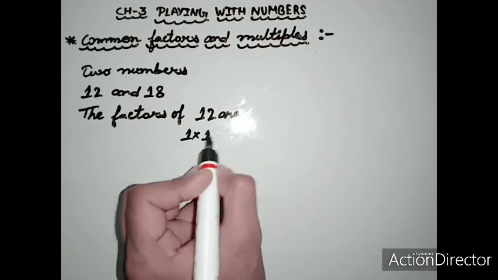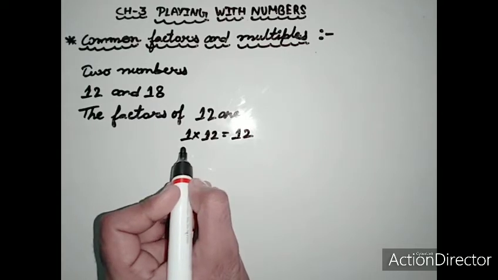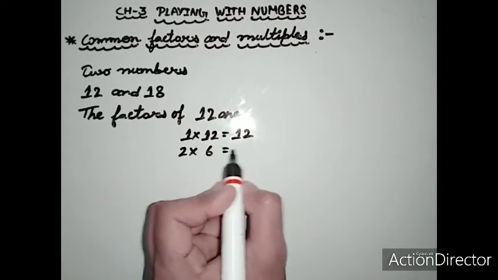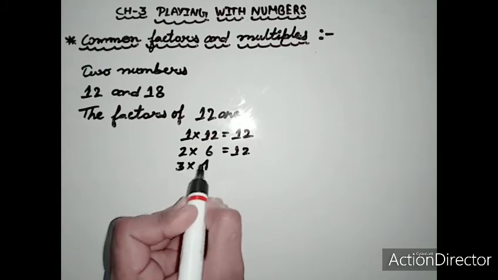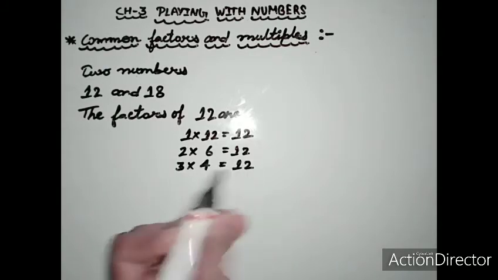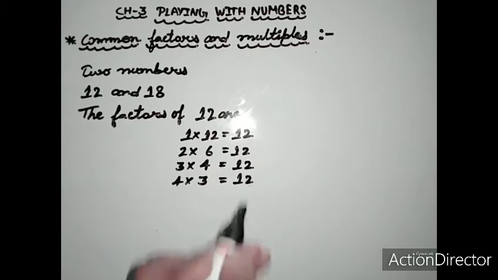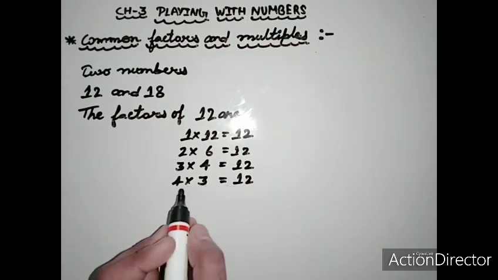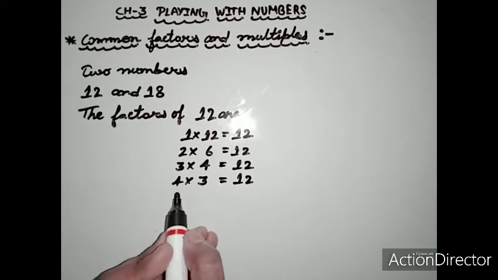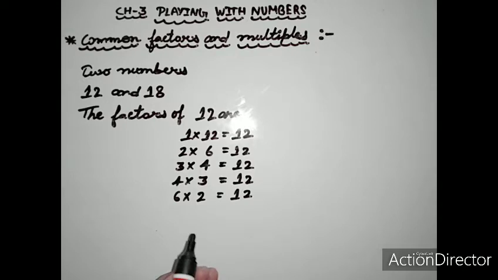So 1 multiplied by 12, we write 1 12s are 12. Then we check with 2: 2 6s are 12. Then in the 3 table, 3 4s are 12, then the 4 table, 4 3s are 12. Then the 5 table: 12 is not coming in the 5 table, so we check in the 6 table, 6 2s are 12, then 12 ones are 12.